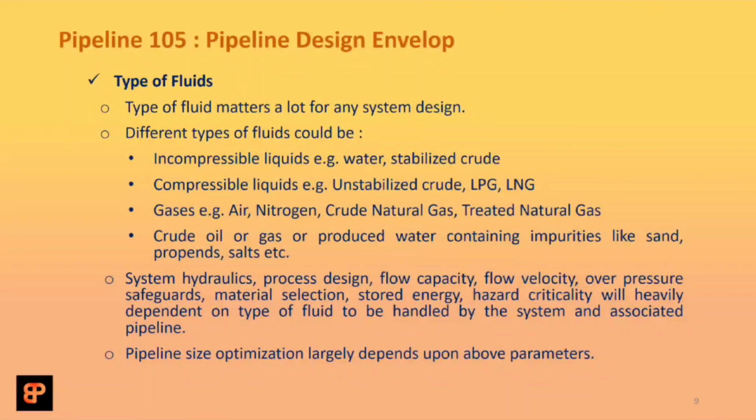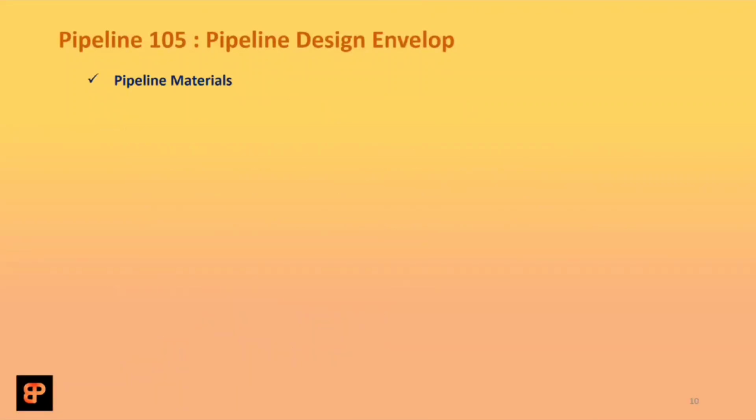You can optimize the pipe size, and once again it will correlate to the economics. The lower the pipe diameter, the lower the thickness, and the lower the capital investment. So it becomes very important for size optimization. It depends on the process fluids which the pipeline system is going to handle.